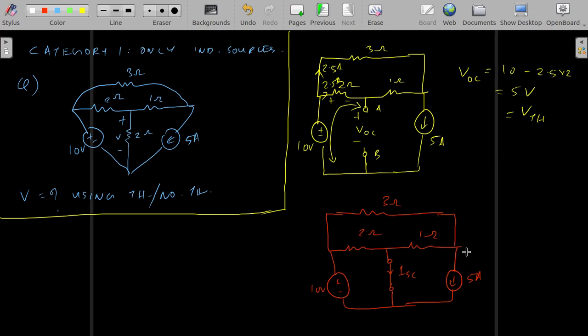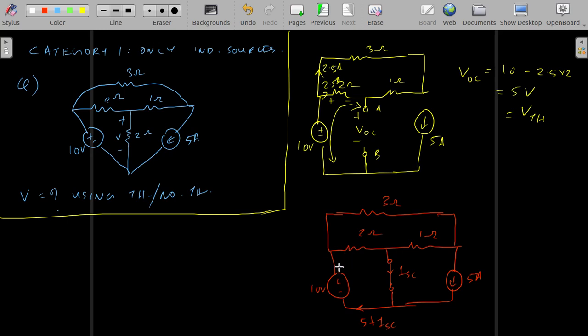I have a 10 volt here. Okay, I am finding the I short circuit. Okay, so if you see here, we have our 5 ampere coming here, we have our ISC coming here, so this will be I plus ISC, this current that will be coming through here.